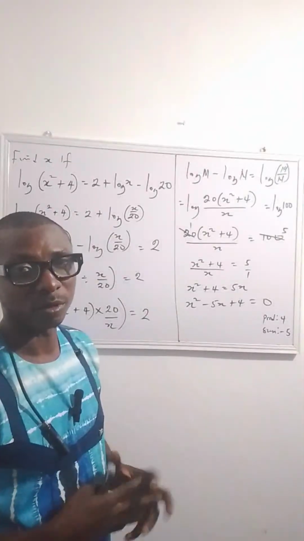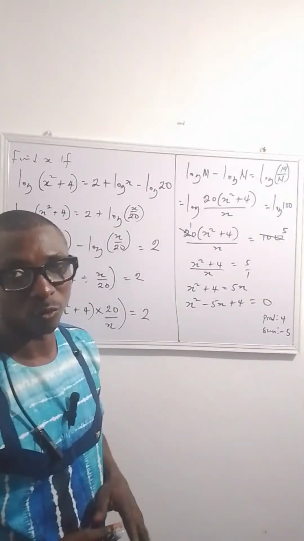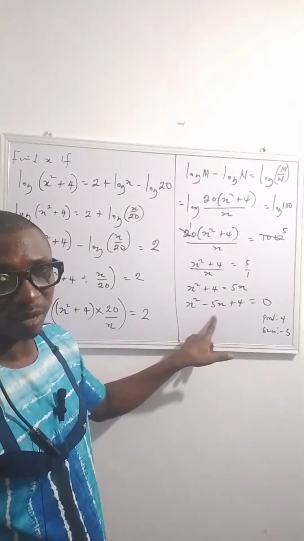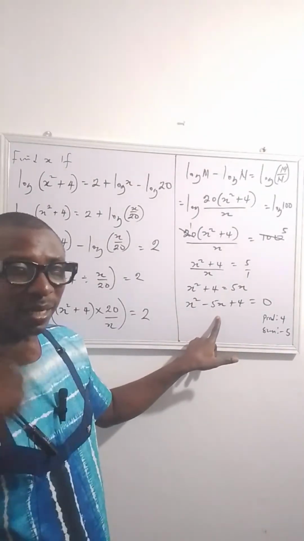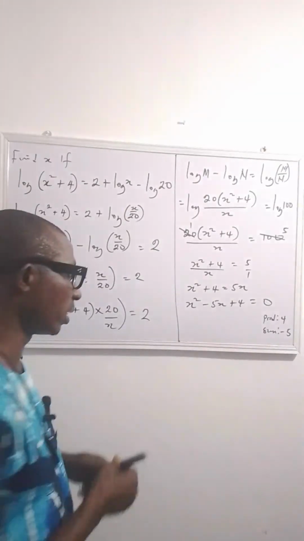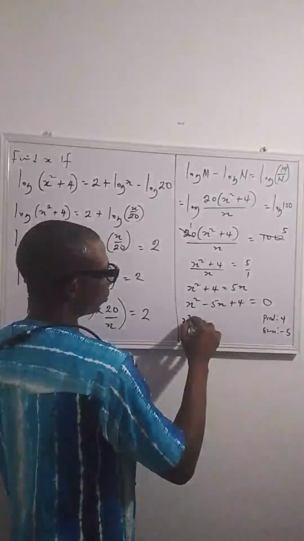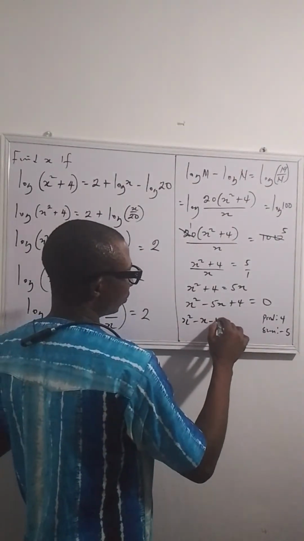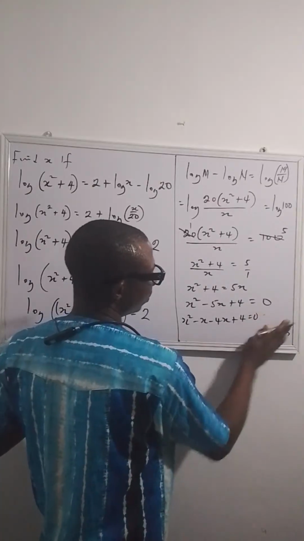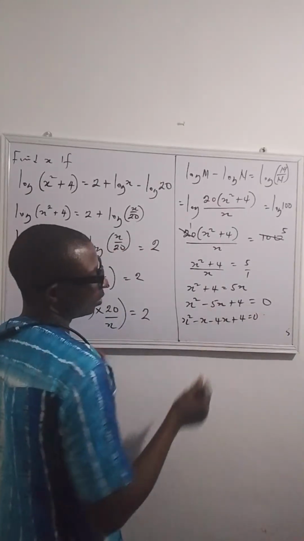The numbers are what? Minus 4 and minus 1. All right, so now the way I'm going to split this minus 5x is going to be minus 1x minus 4x, which is the same thing as minus 5x. Okay, so let's do that. We have x squared minus x minus 4x plus 4 equals 0. You see, what we have here is the same thing as minus 5x.